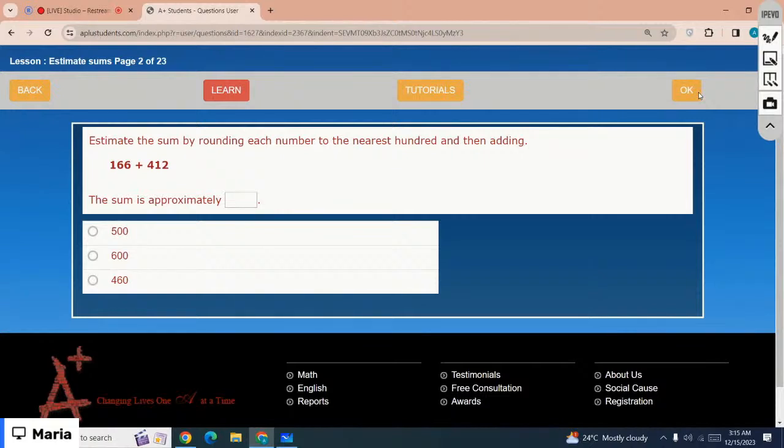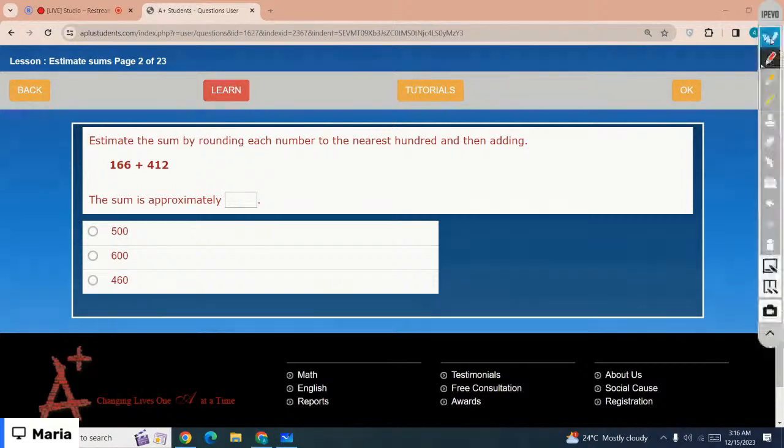Estimate the sum by rounding each number to the nearest 100 and then adding. Which is the correct option? We will round off the numbers to the nearest 100. So which is the correct option? Okay, let's just add them to the nearest hundred, right? 160: 1 is at the hundreds position, right?